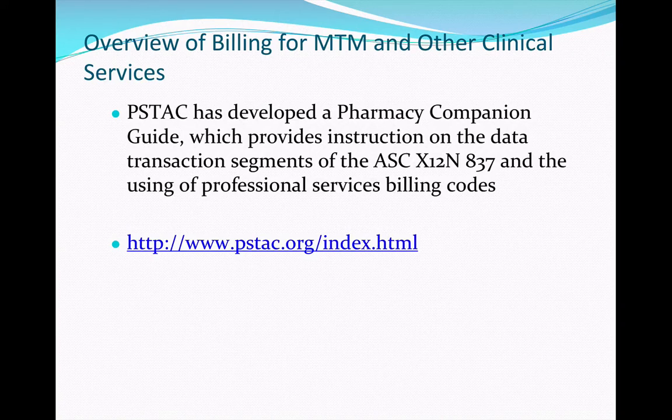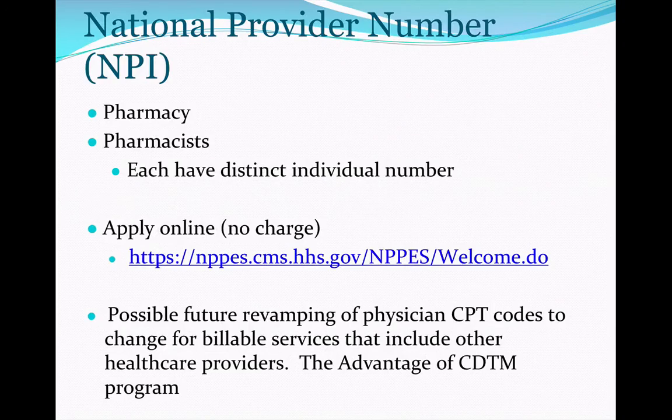A great resource to learn about all these different billing codes, once again, is the Pharmacy Technology Coalition, and there's a link to their website. Another key thing to think about, as we're trying to push for provider status: we all know what an NPI number is for a pharmacy, but you can actually go online right now and get your own NPI number.